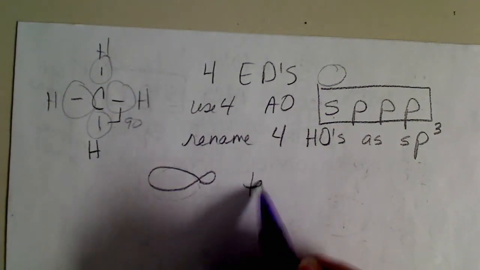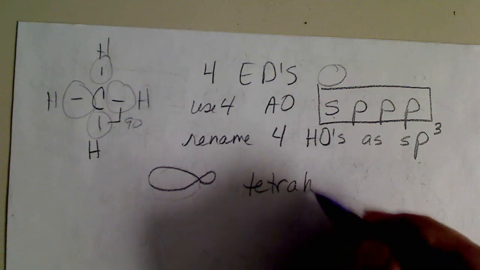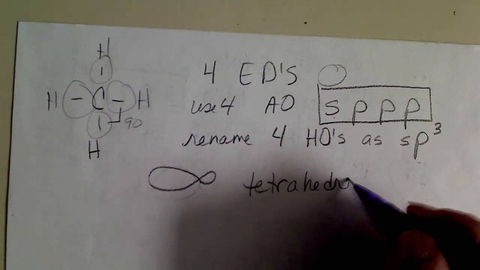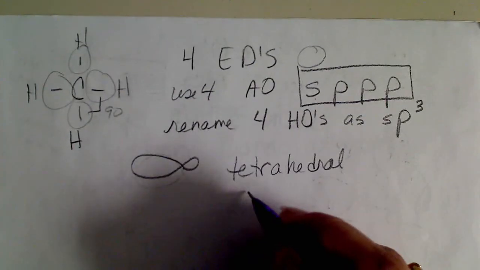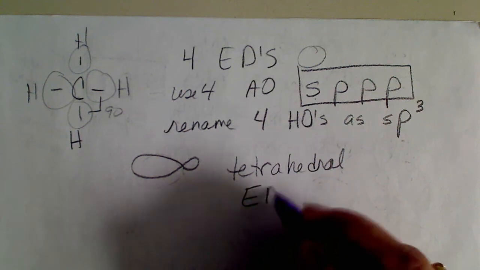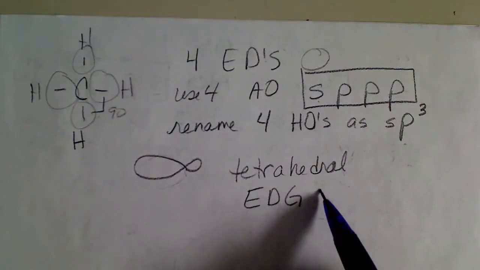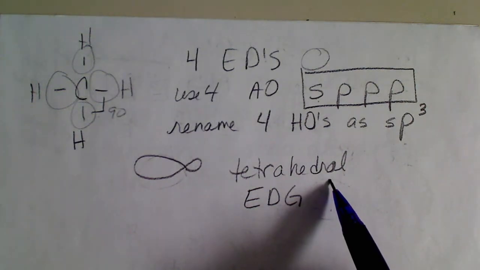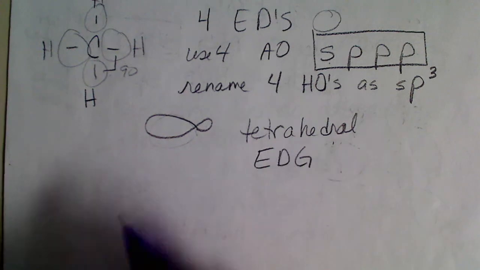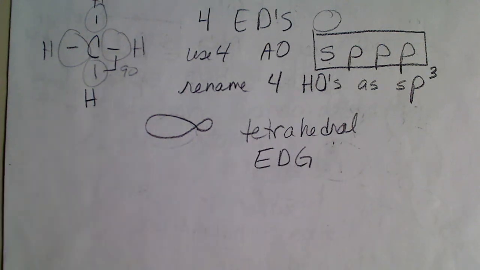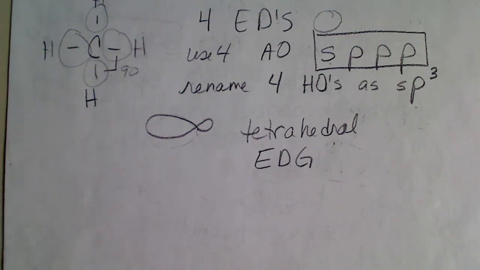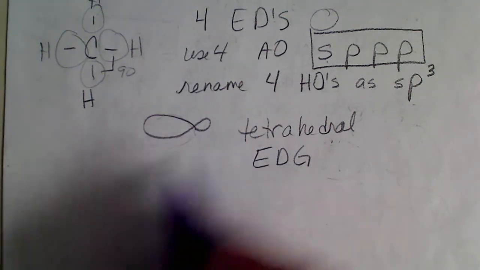Remember, this would be a tetrahedral electron domain geometry. So 4 electron domains automatically means those electrons are repelling each other and assuming a tetrahedral position. I probably couldn't draw that very well, but there would be 4 of these.